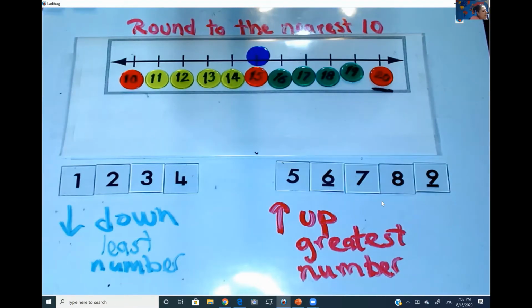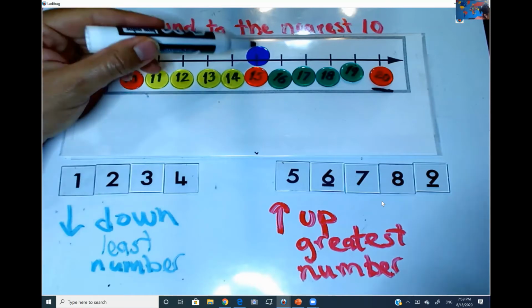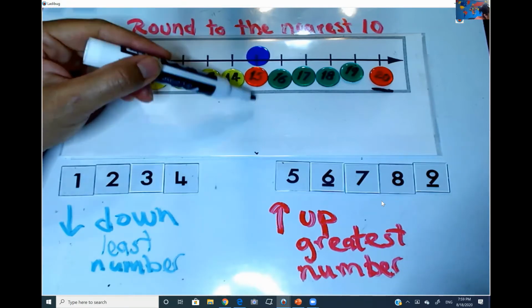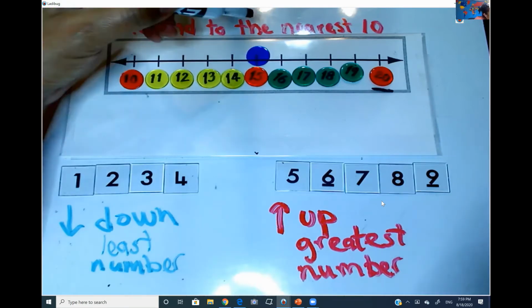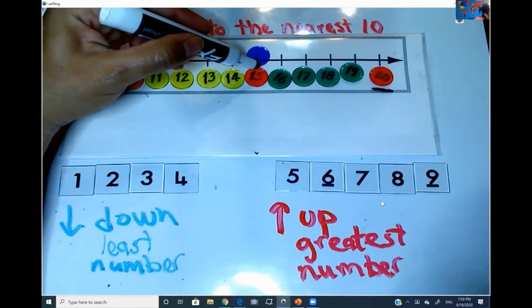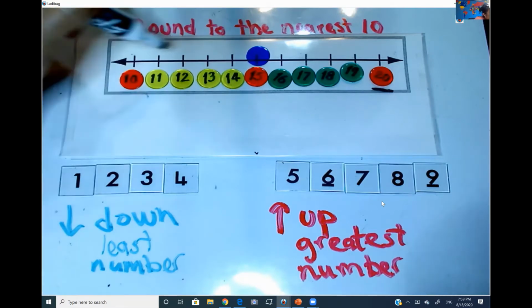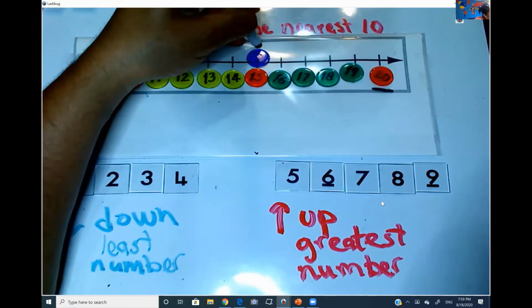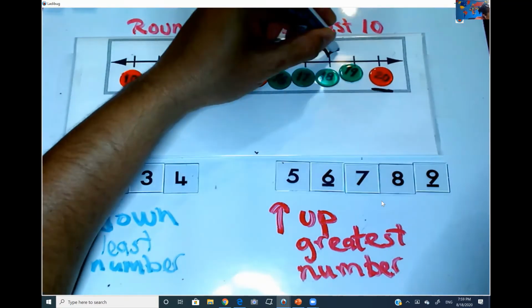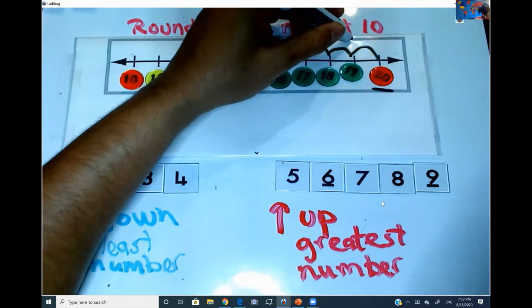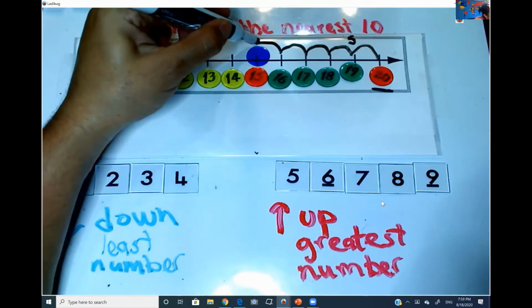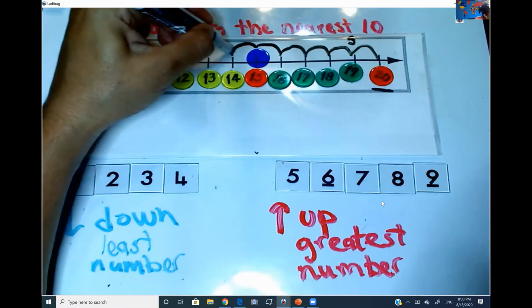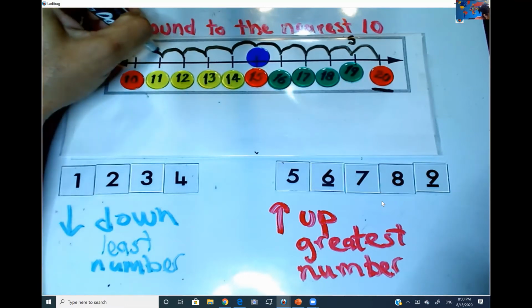Now, if my marker happens to be right in the middle of my number line, like 15 is, and I try to find which 10 is closer, the 10 or the 20, I'm going to find out that I have to count from 15 to 20, 1, 2, 3, 4, 5 spaces, and from 15 to 10, 1, 2, 3, 4, 5 spaces too.